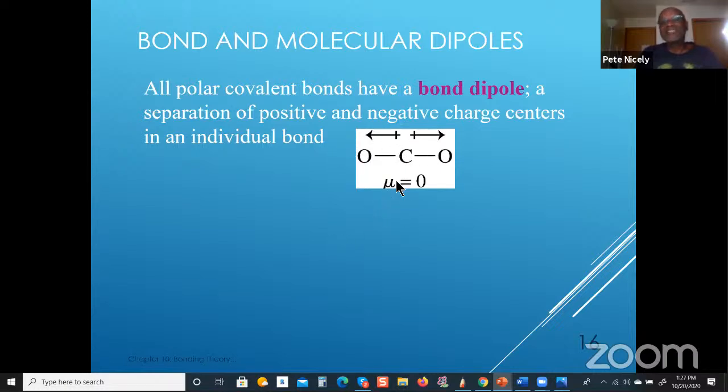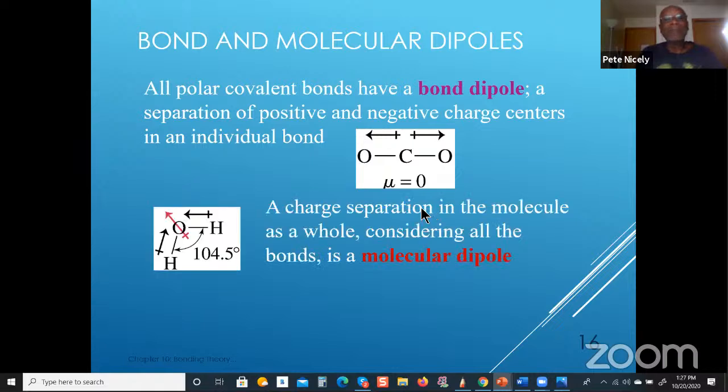And the result is that carbon dioxide will have a net zero dipole. What that means basically is that the carbon dioxide molecule is said to be, and let me write this down here, non-polar. The molecule is non-polar because the dipoles within the molecule will cancel out each other.